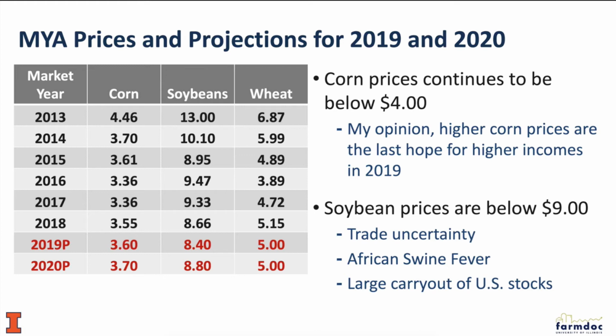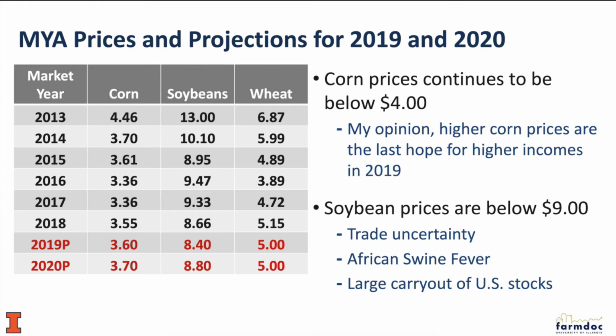That happens to be exactly at the reference price. Next year for 2020, projections made based on futures contracts and cash bids now would be 880. You can see both of those are below $9, and we're expecting those for the foreseeable future.